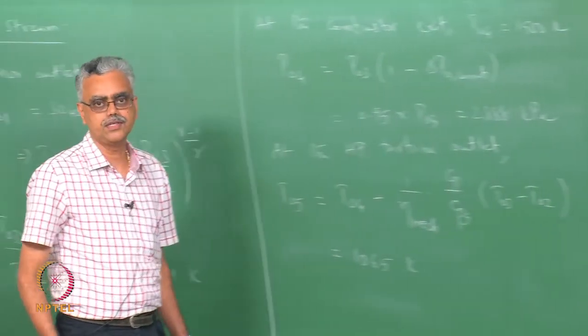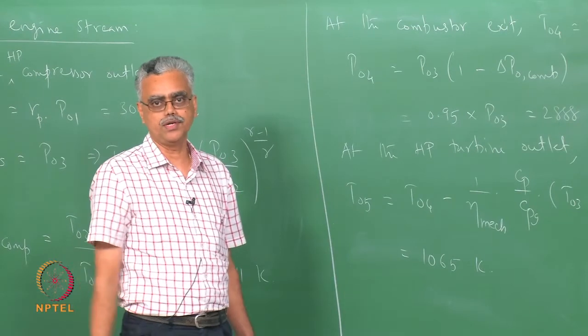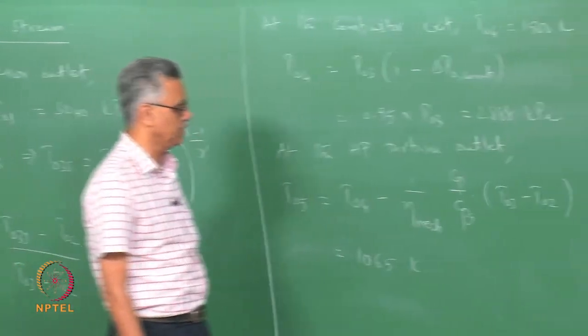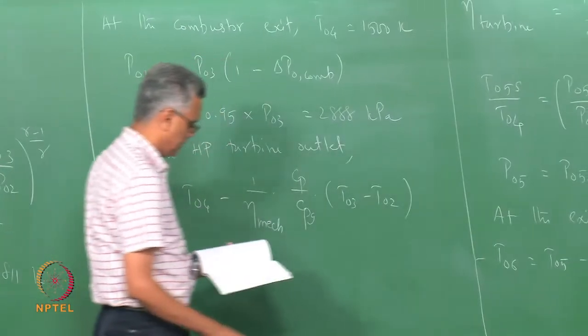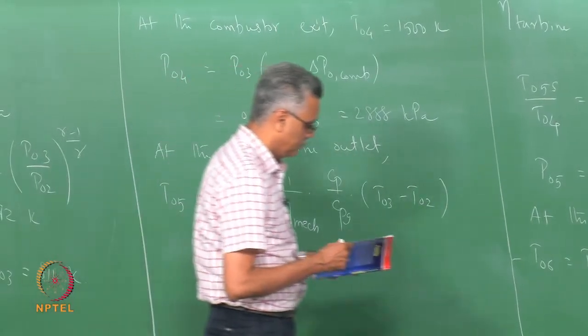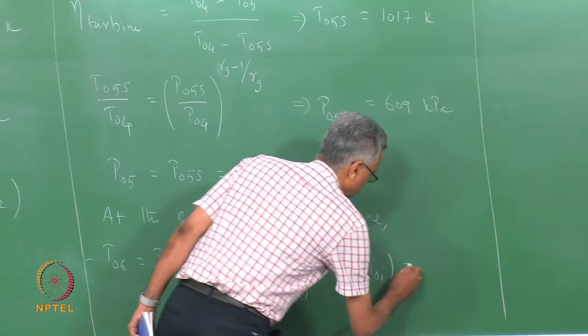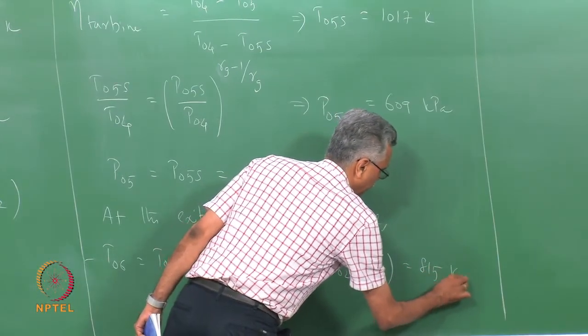The fan handles the entire amount of mass flow rate, m dot H plus m dot C, and if you take that into account, this is what we get for the expression for T06, and if you substitute the numbers, this comes out to be 815 Kelvin.